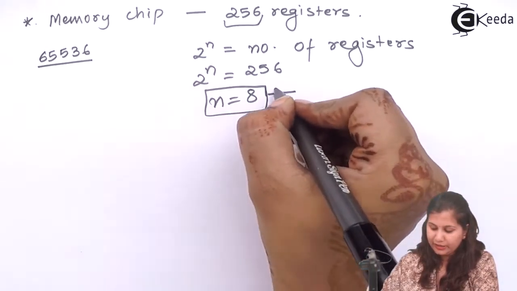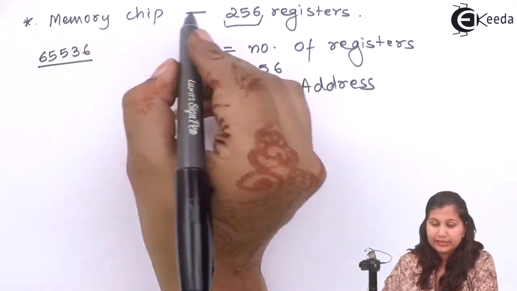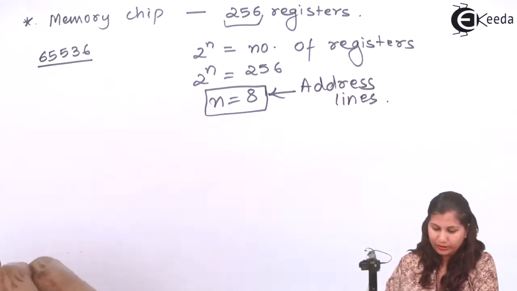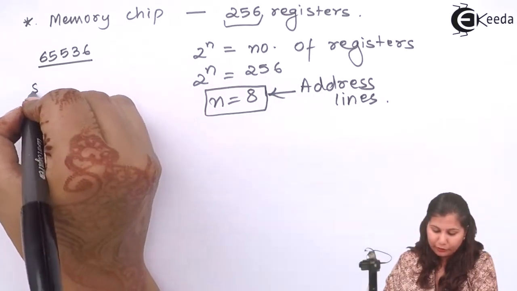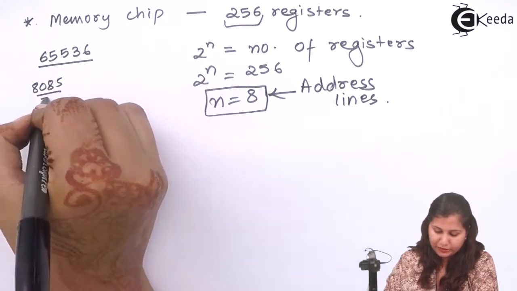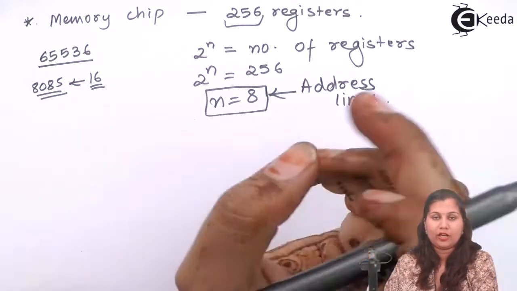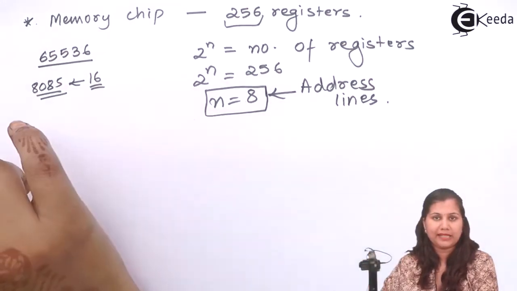Only 8 address lines are required to address this memory chip having 256 registers. Now total address lines available to the 8085 microprocessor are 16, and we are using only 8. So the rest of the address lines are connected to the chip select signal.